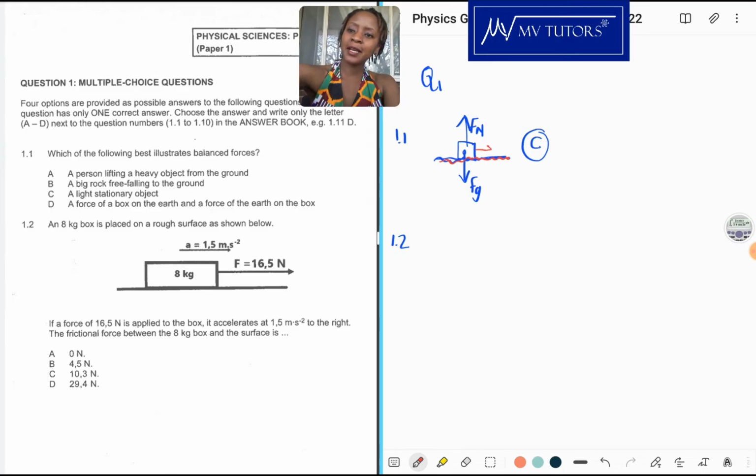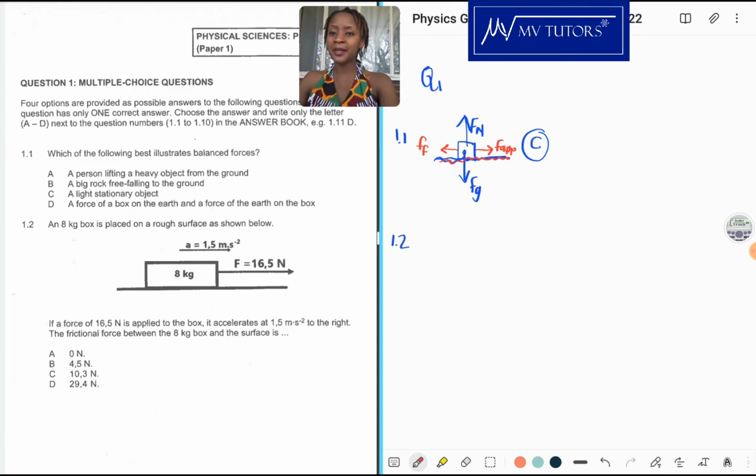So we have an applied force, and they told us it is 16,5, and then we also have friction, because it's a rough surface, and they tell us the acceleration. Now they say if a force of 16,5 Newton is applied to the box, it accelerates at 1,5 meters per second squared to the right.